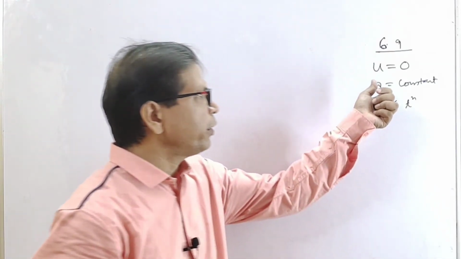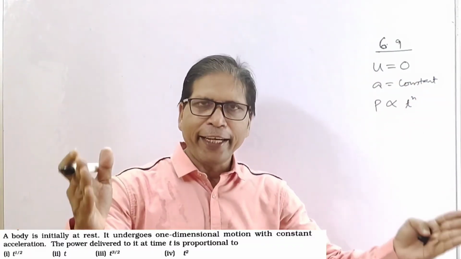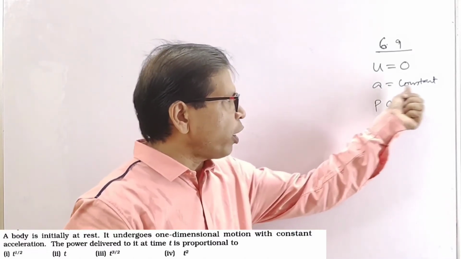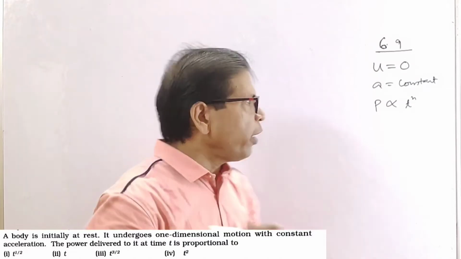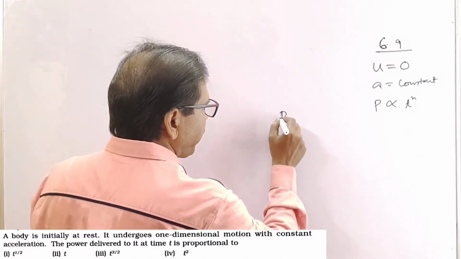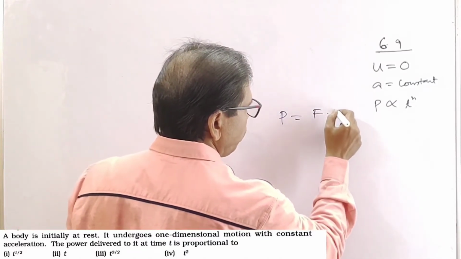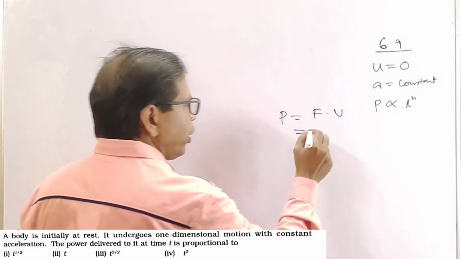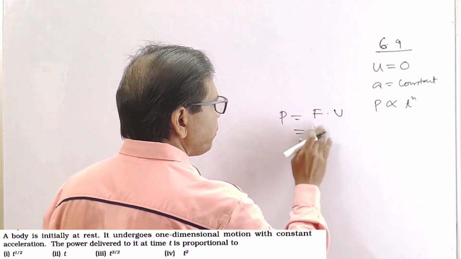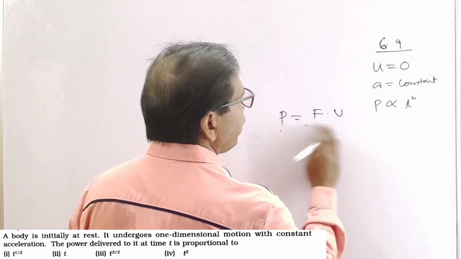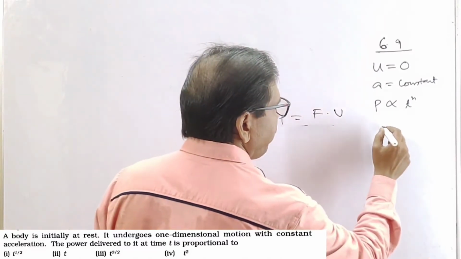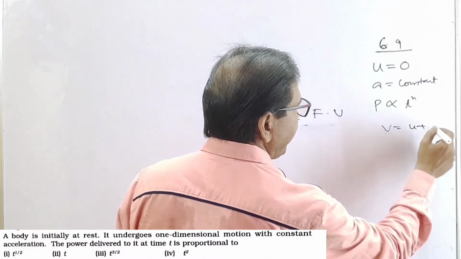Now look at this. A particle initially at rest moves with constant acceleration. How is power related to time? Now we know power P equals force into velocity. Now look at this force. So this is force into, now we know here V equals U plus AT.